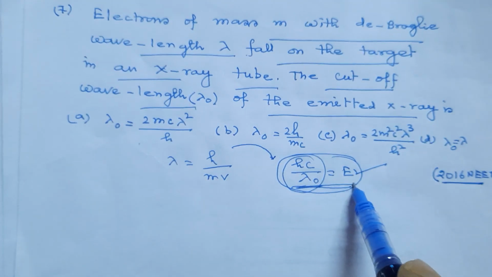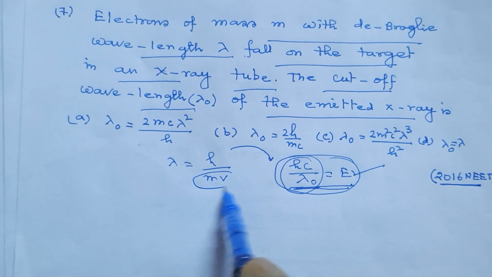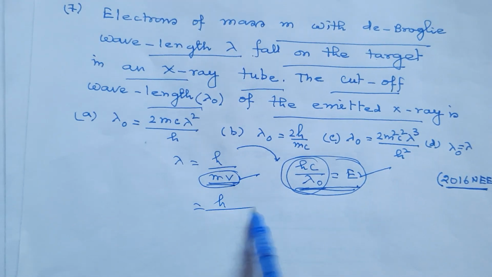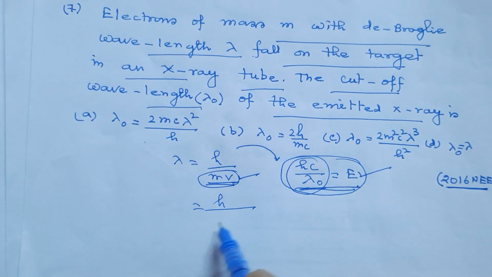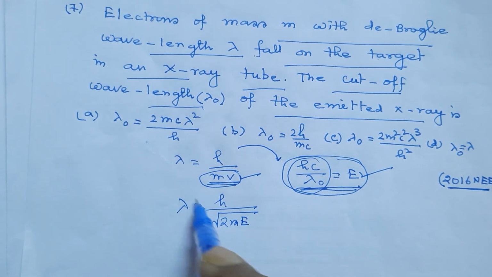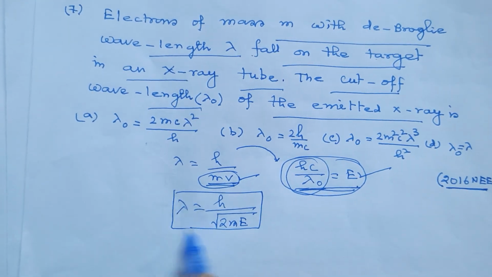So what to do? We are to transform this momentum to the kinetic energy of the electron. So mv equals root over 2mE, hence the de Broglie wavelength lambda equals h by root over 2mE.